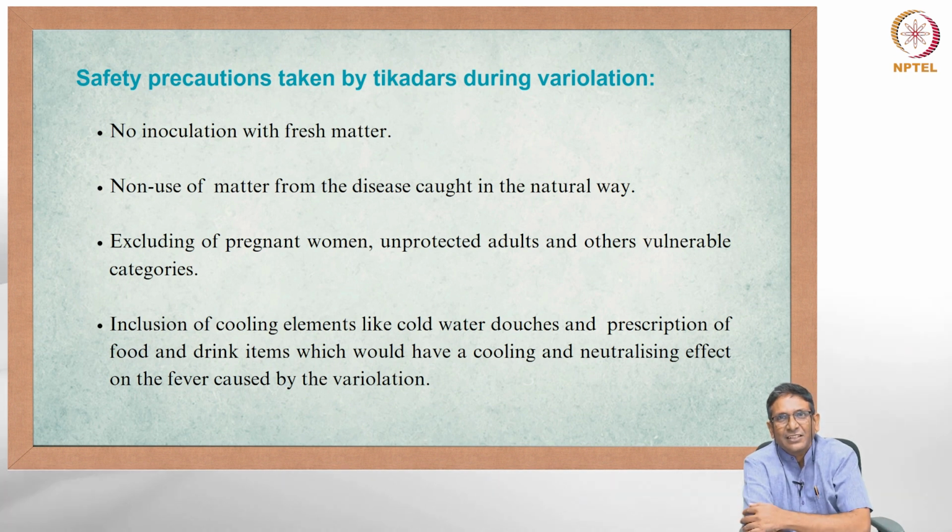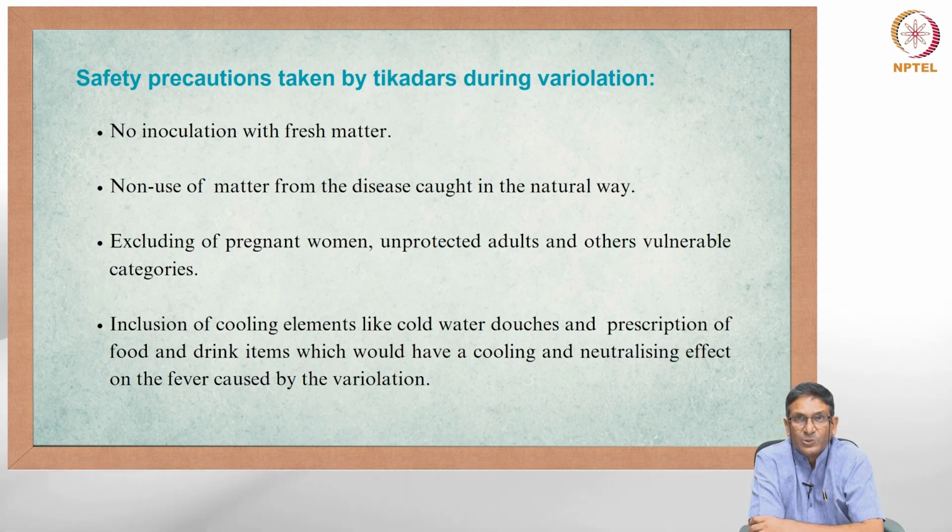So the material was not taken from people who currently had the disease and who got it in the natural way. And pregnant women and unprotected adults and any such vulnerable group of people were excluded during variolations.